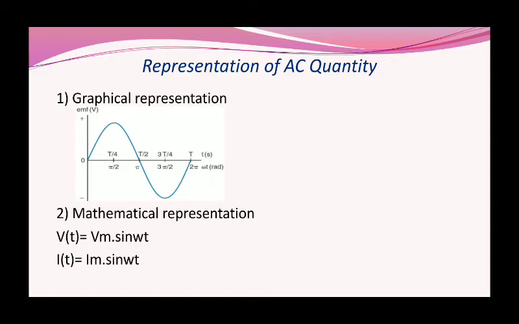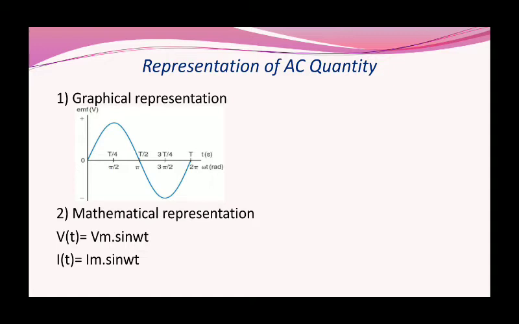So coming to the first point, this is the phasor representation of AC quantity. As I said earlier, AC stands for alternating current, the current or voltage that changes its magnitude as well as direction with respect to time. So that is AC. So in this point we are going to see the representation of AC.